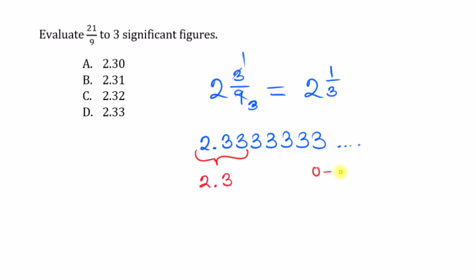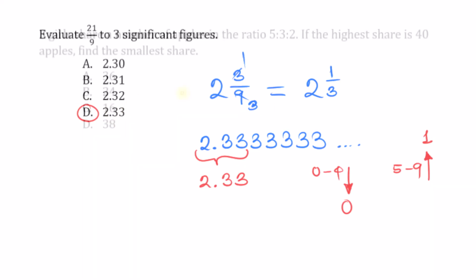Numbers from 0 to 4, we round down, and it's not going to have effect on the number preceding it. But numbers from 5 to 9, we'll round it up and add 1 to the previous digit. In this case, since it is 3, it's falling between 0 and 4, so it's not going to have effect. So we have just 0.33, and option D will be the solution in this case.